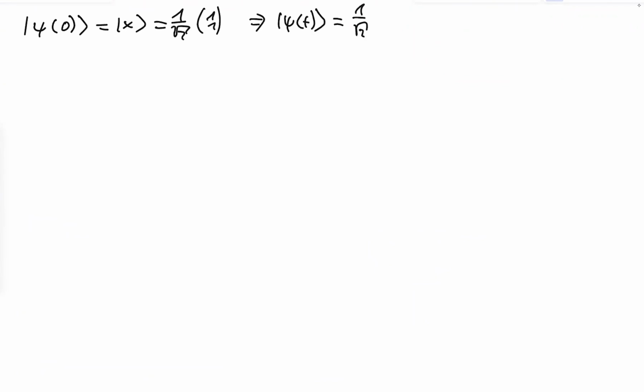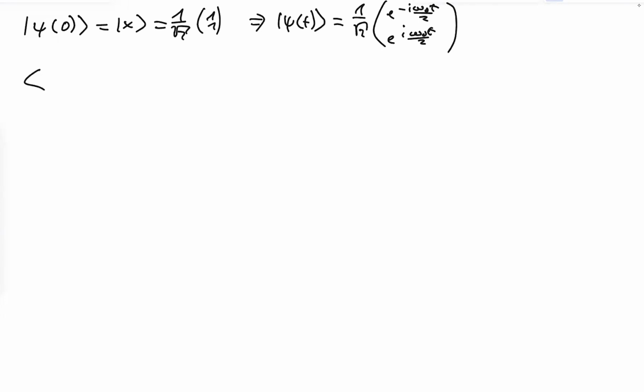If we now look at the x state, then we see psi of 0 as the x state is 1 over square root of 2, 1, 1. And we also see that psi of t is 1 over square root of 2 e to the minus i omega 0 t half, e to the i omega 0 t half, as we showed previously.